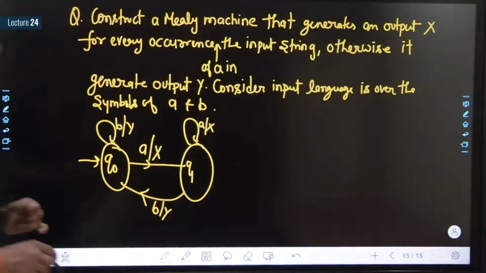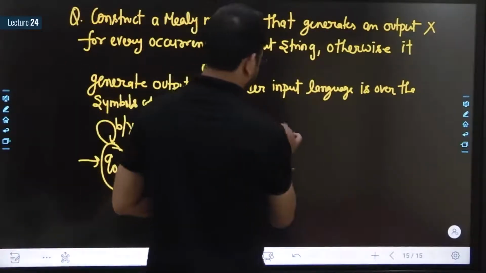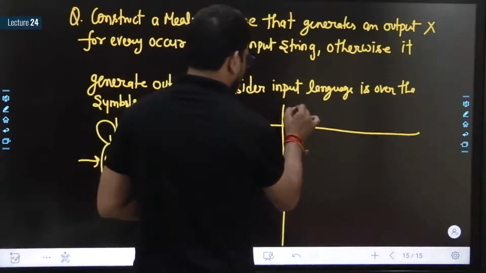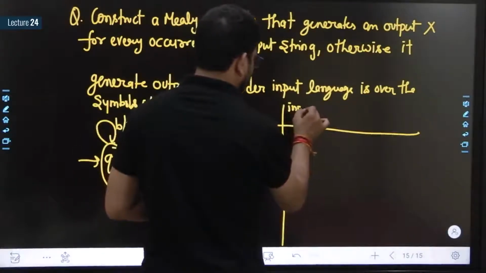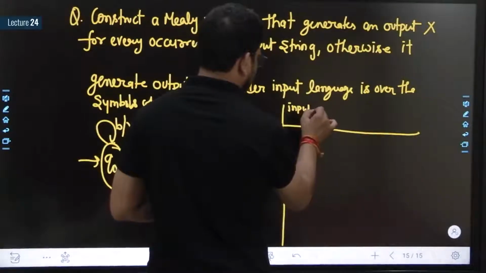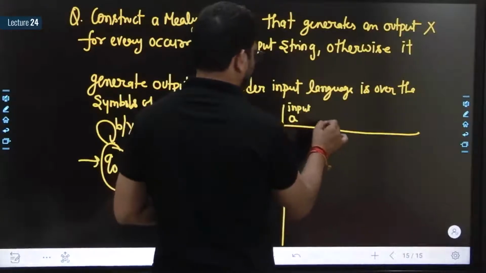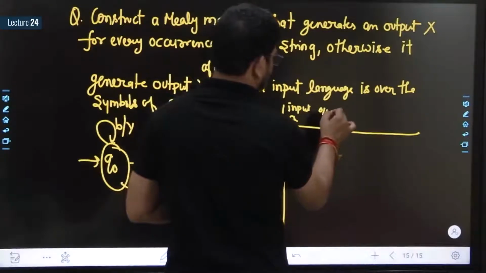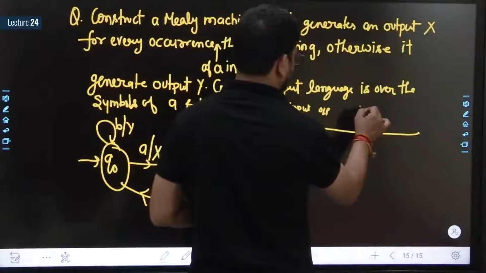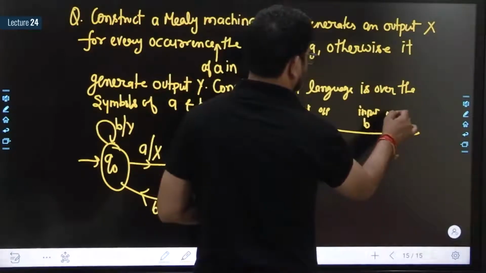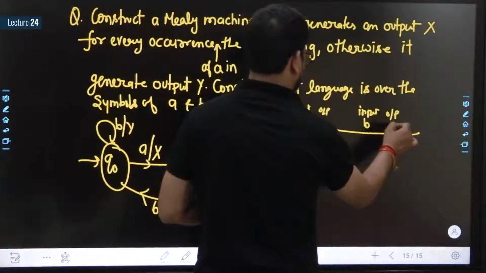What is the transition table for this? Input A, output associated with the transition; input B, output associated with the transition.